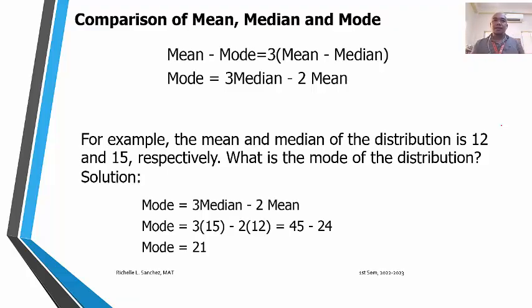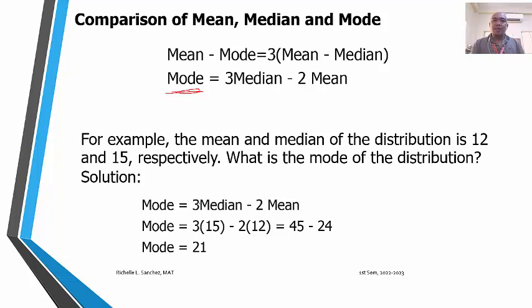So this is the comparison of mean, median, and mode. How was this formula developed? Mean minus mode is equal to 3 times mean minus median. If we are going to compute the mode, mode is equal to thrice the median minus twice the mean.